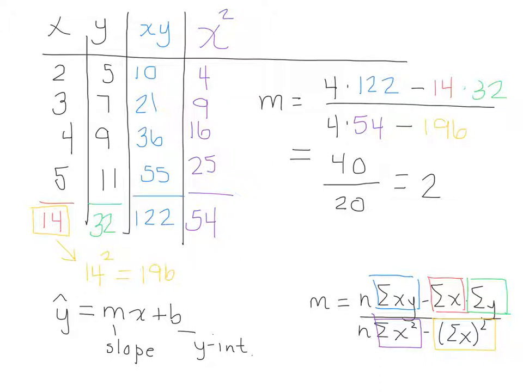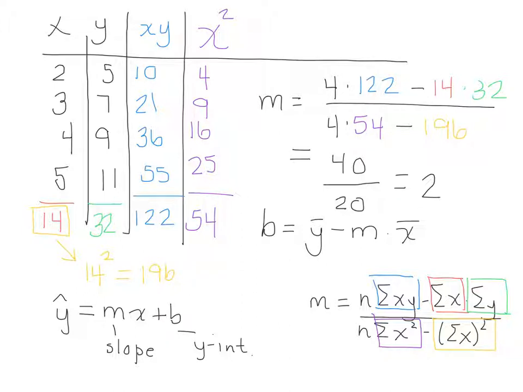My denominator, 4 times 54 minus 196, comes out equal to 20. And when I divide the numerator 40 by the denominator 20, I get 2. The slope is 2 in this case. So now I have the slope of my line.